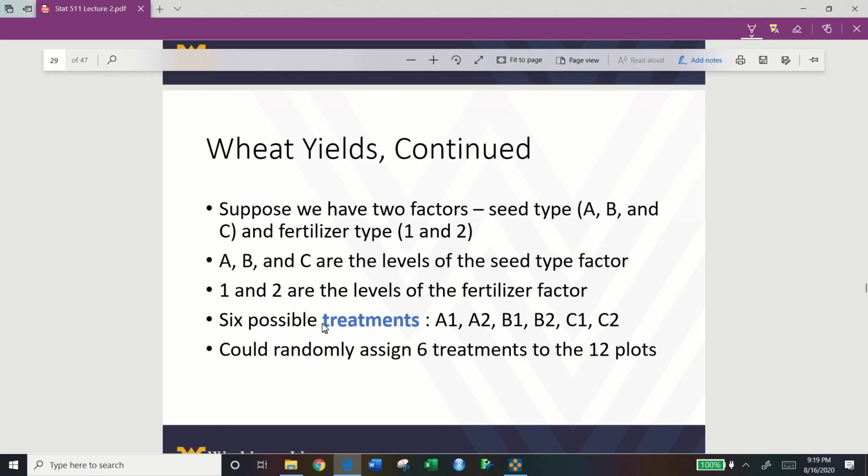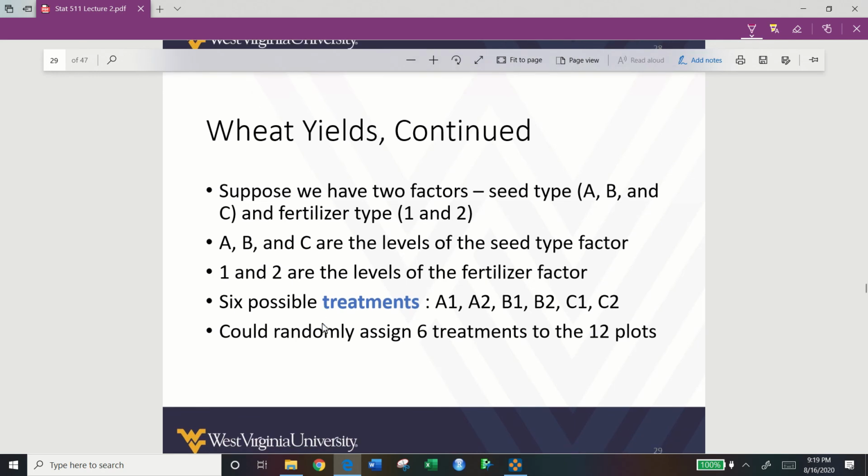Still using our wheat yields, suppose we have 2 factors: seed type A, B, and C, and also fertilizer type 1 and 2. Suppose we are interested to see not only which seed type is best, but also which fertilizer type is best. A, B, and C are the levels of the seed type factor, and 1 and 2 are the levels of the fertilizer factor. This implies that we have 6 possible treatments: A1, A2, B1, B2, C1, and C2.